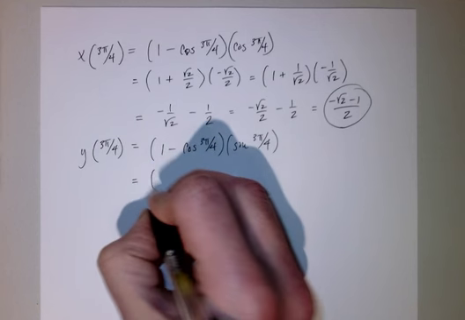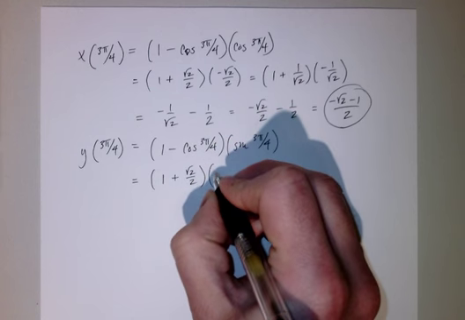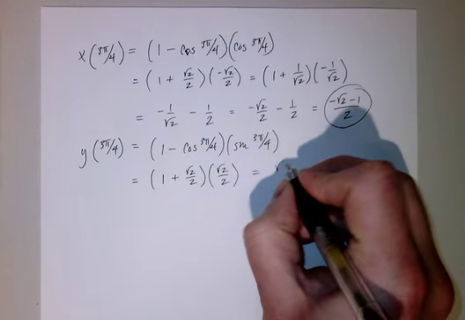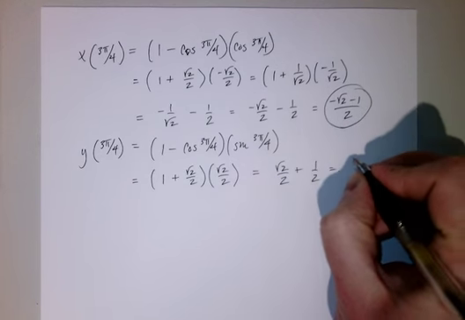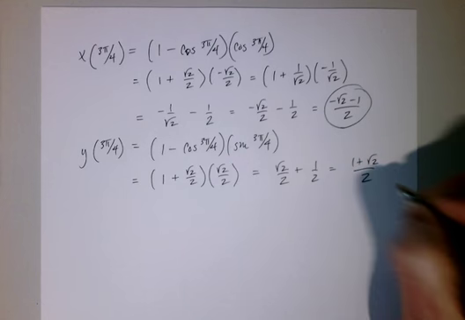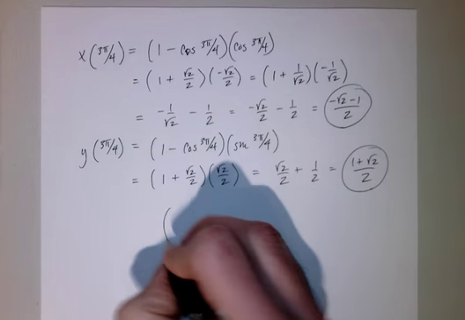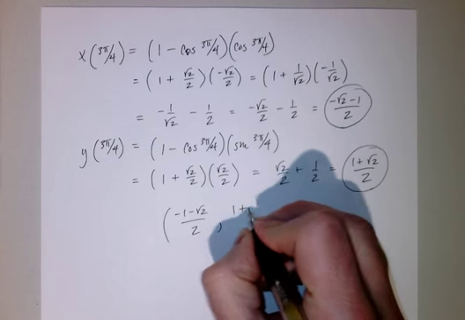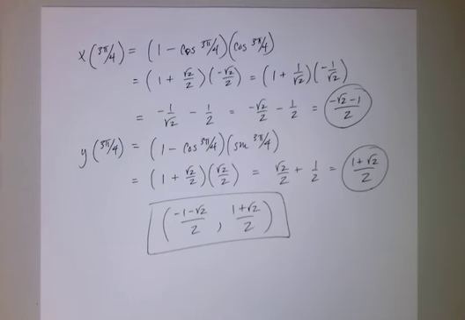This is going to be 1 plus root 2 over 2, and this is going to be positive root 2 over 2. So you're going to have root 2 over 2 plus 1/2, or 1 plus root 2 over 2. Okay. Now that we have the ordered pair, negative 1 minus root 2 over 2 and 1 plus root 2 over 2 point, now we need the slope.